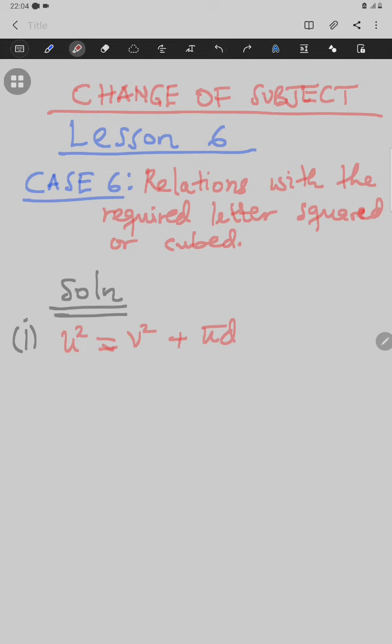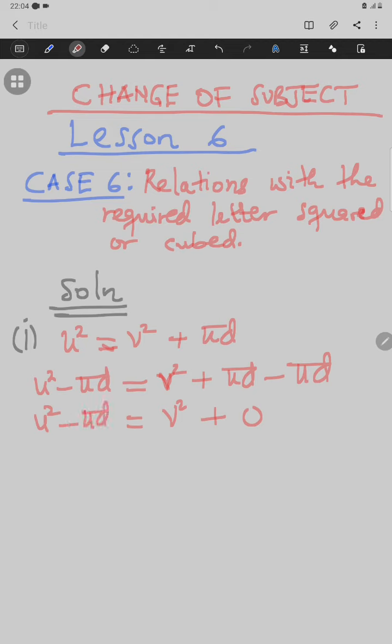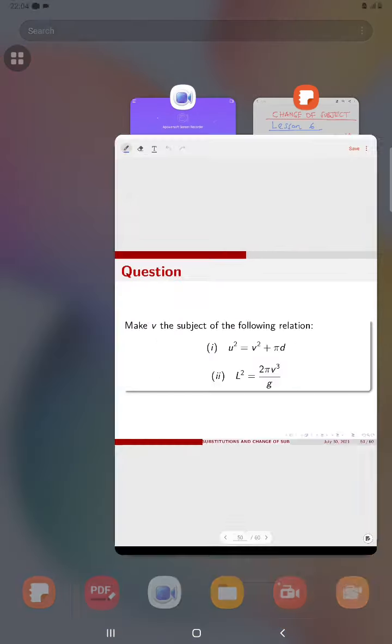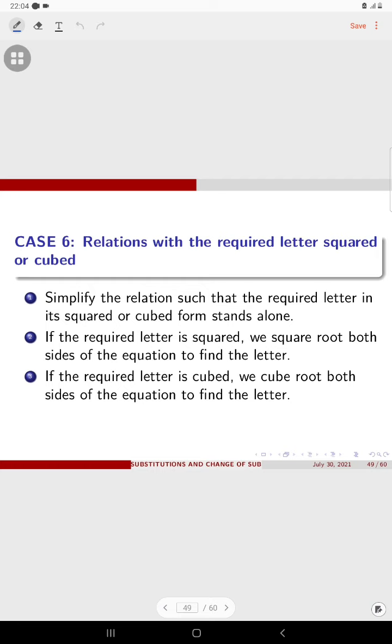So if I subtract the pi d on both sides, I'm going to eliminate it, just as we have discussed in our previous lessons. So I'll get 0 there, and we are going to have U squared minus pi d equals V squared. Now we see we have ensured that only the required letter is standing alone.